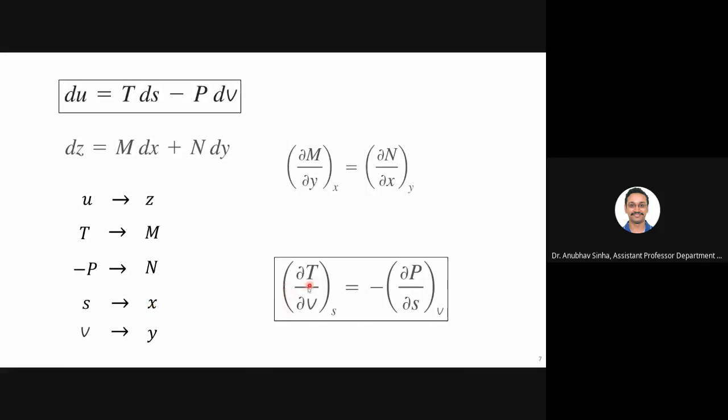S. So del T by del V at constant S, or constant entropy, is equal to del N by del x. N is minus P, x is S, so minus del P by del S at constant y. Y is V. Is this okay? We are just correspondingly matching each term and using this identity to obtain this relation, right? This is called Maxwell's first relation.